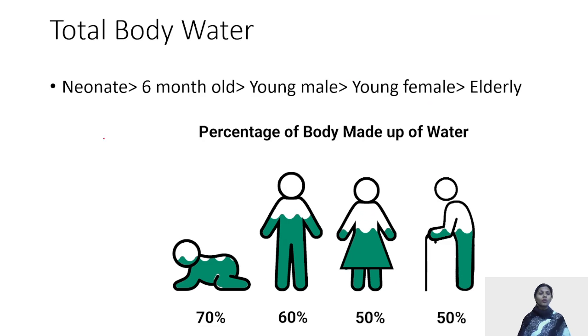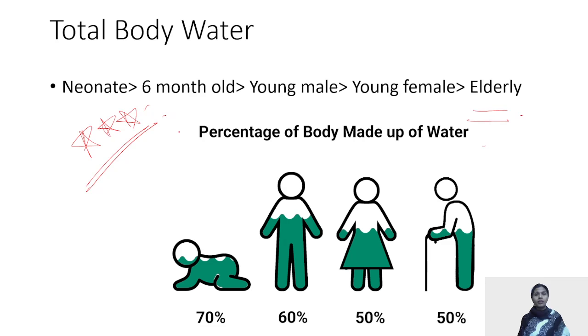When we talk about total body water, the maximum total body water by percentage is present in the neonates, followed by 6-month-old or children, then young middle-aged males, middle-aged females, and the least total body water, approximately the same as females, is that of the elderly.